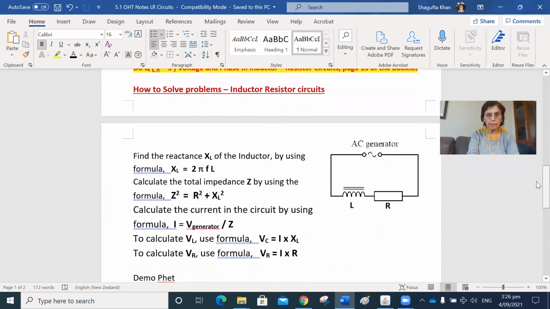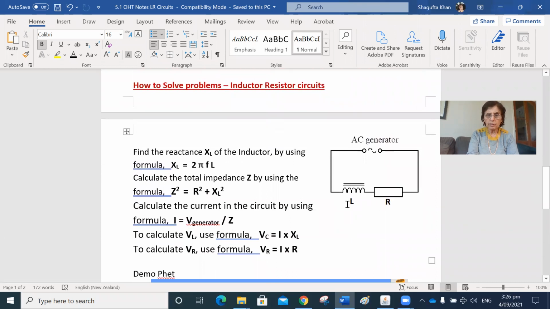Now, to solve inductor resistor circuit problems, the first thing we need to do, if we have to find the current in the circuit, the voltage across the inductor and the voltage across the resistor, and now we are talking about the RMS values, is calculate the reactance of the inductor by using the formula XL equals 2 pi f L. Then we add the resistance and the reactance in a vector manner using Z squared equals R squared plus XL squared.